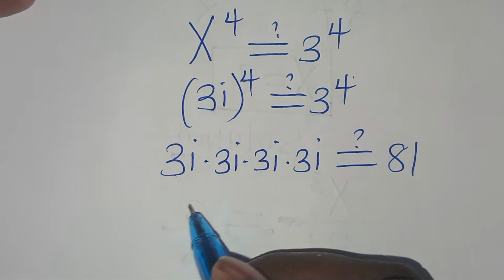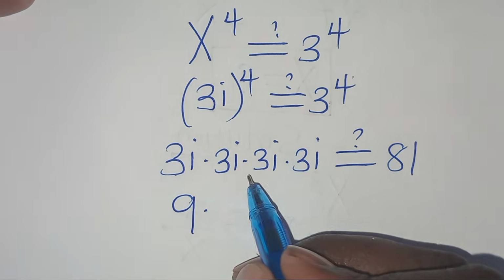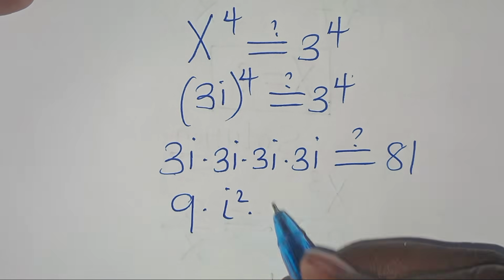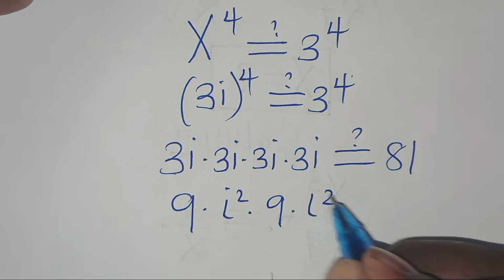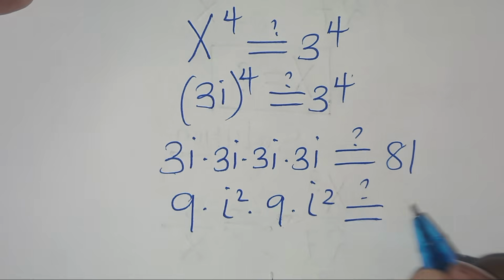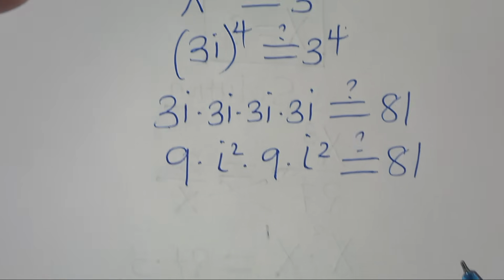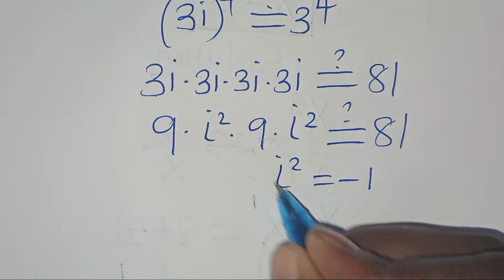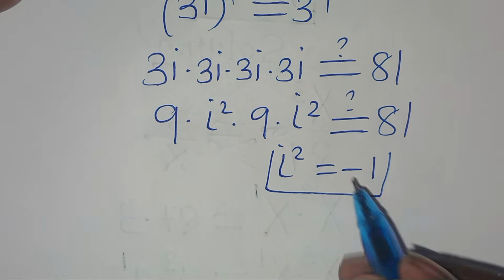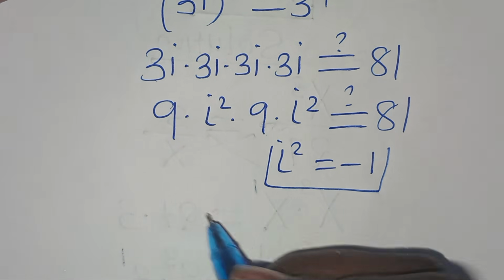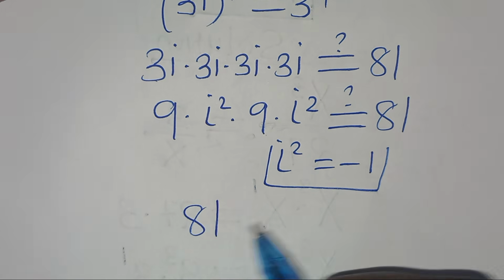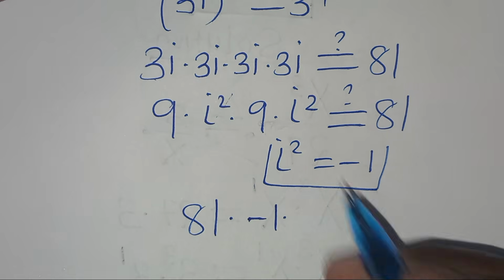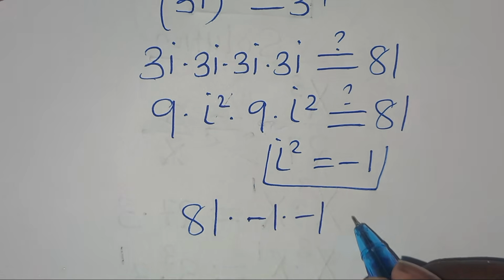So we have 3 times 3, this is 9, times I, which is I squared, then times 3 times 3, this is 9, times I squared. This should give us a value of 81. So we have that I squared is equal to negative 1. So let's substitute I squared with negative 1. So 9 times 9, this is 81, times I squared, this is negative 1, times I squared, which is negative 1.